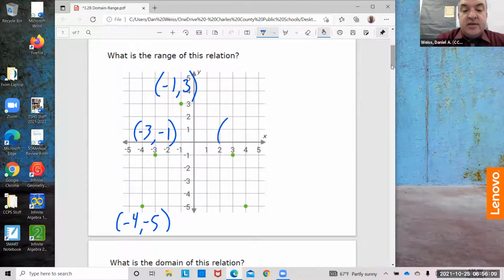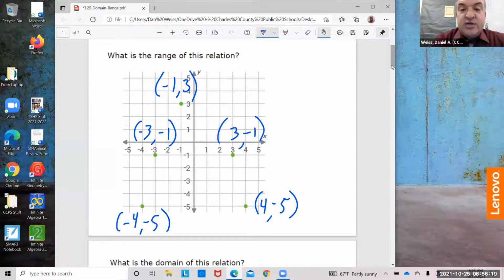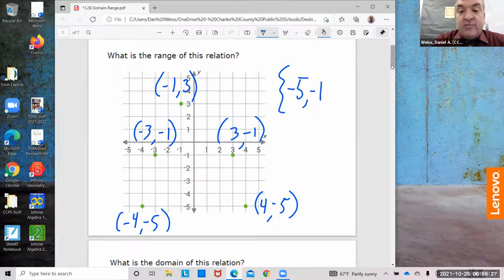Here is 3, -1. And here is 4, -5. What are the y values? The y values are just -5. I don't have to write it twice, even though it occurs twice. -1 and +3.